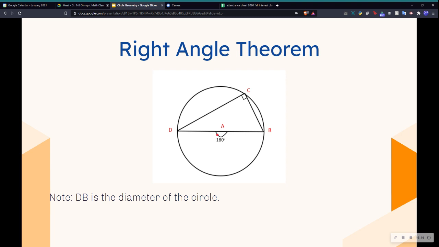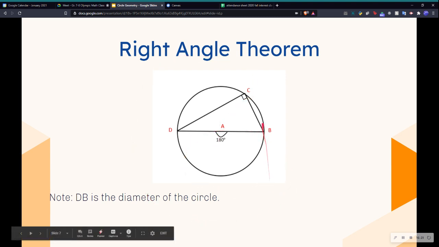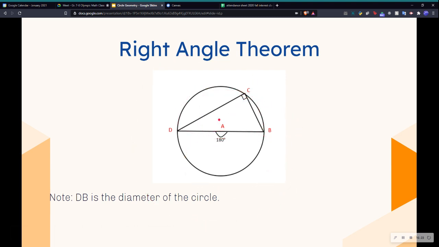And so that's how we use the Star Trek theorem to prove this right angle theorem. All right. Any questions about this? No questions? Okay. If there are no questions, I'm going to move on to a problem.